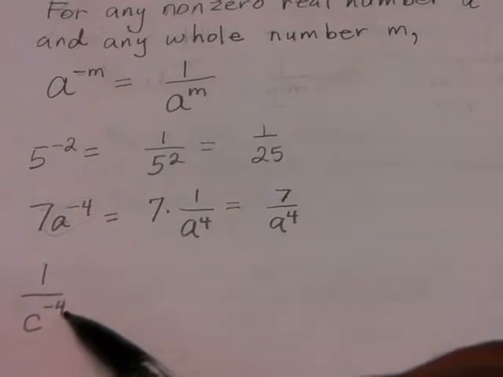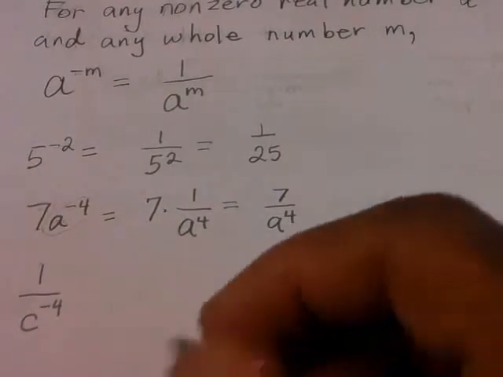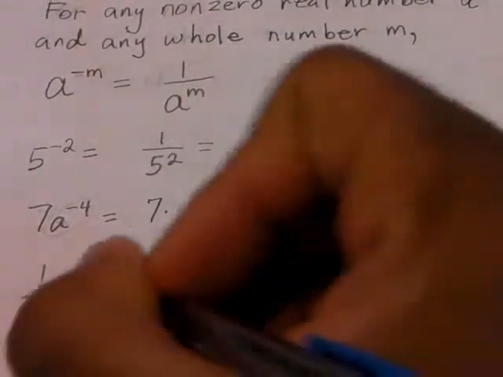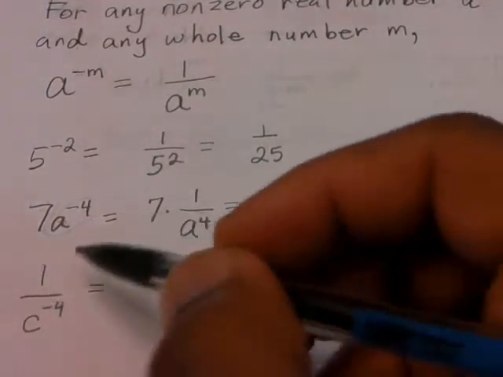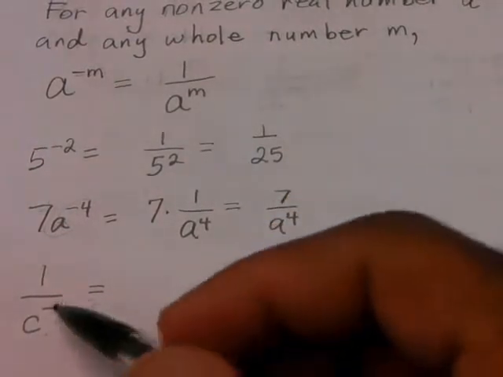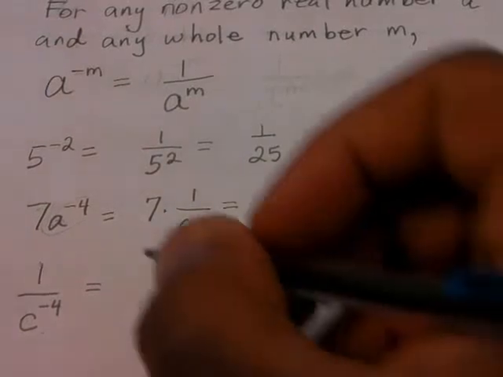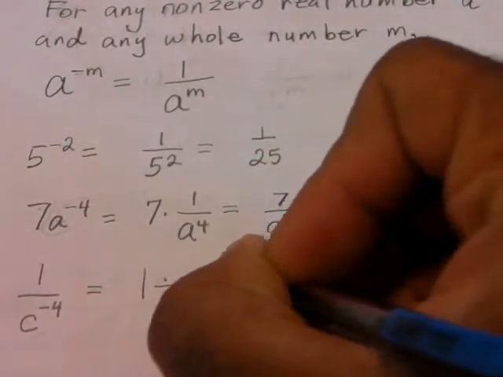There may be certain cases where it becomes negative, but we'll look at that when we solve additional problems in the properties of exponents series. In any case, let's write this in the form of division, because that's what it is. It's actually a division problem when we look at fractions. So we're going to say 1 divided by c raised to negative 4.